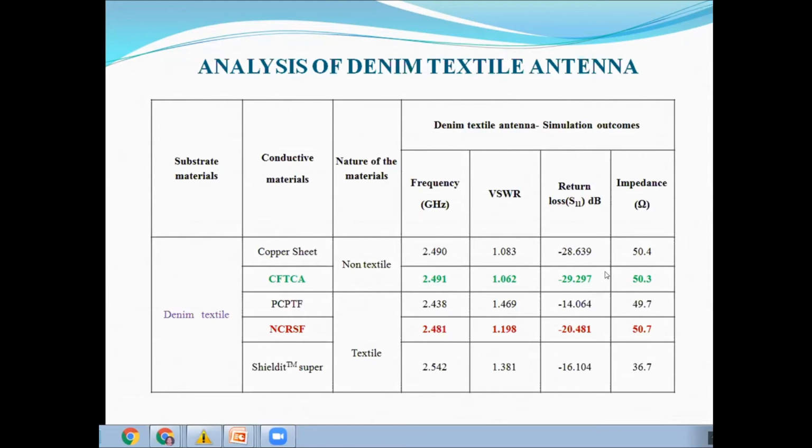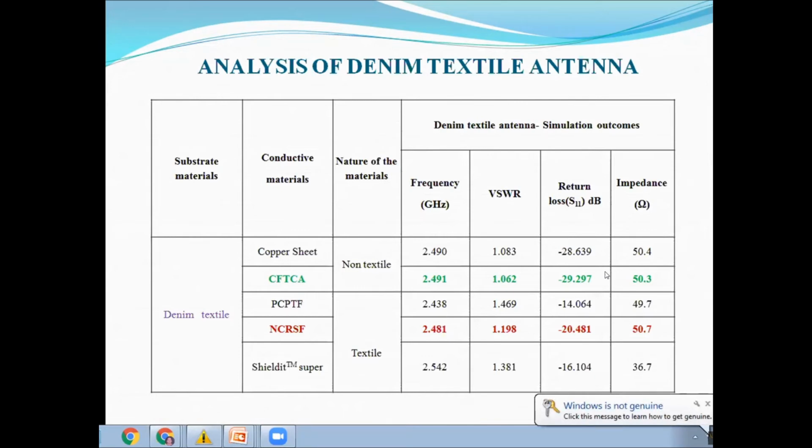The result of the work is shown here. It cannot be done directly by selecting any one of the materials. We have to select the material and analyze the results for the selected material.